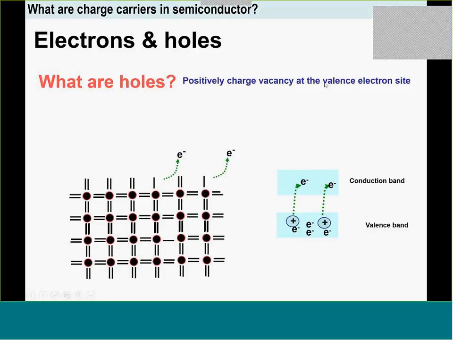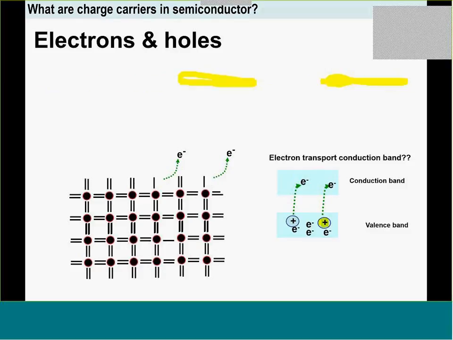The key words, if you look here, I'll highlight them, are at the valence electron site, the outermost electron, positively charged. So that's basically what holes are, which I guess most of you already knew.